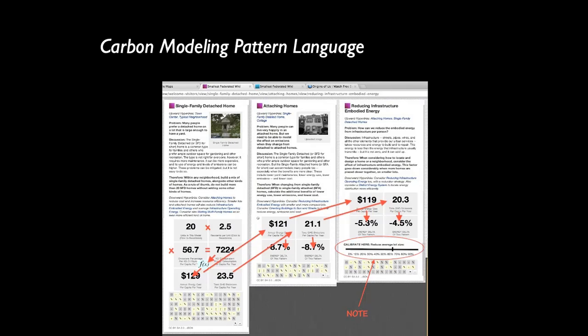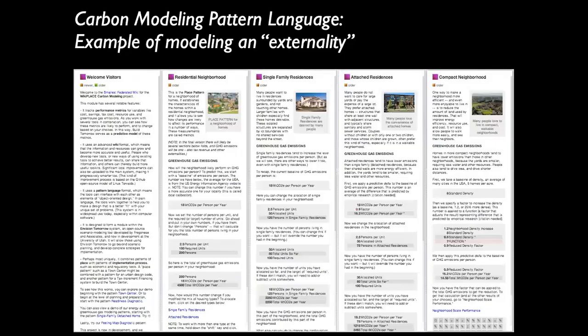So not to get too far into the weeds here, but we began, Ward was an enormous help to me, to begin to construct a scenario modeling tool to model these externalities, in this case, the externality of greenhouse gas emissions. But you could model any kind of externality in principle following a similar methodology.